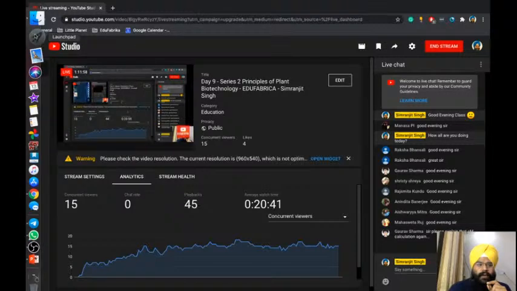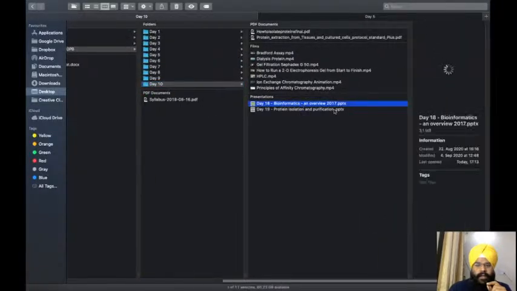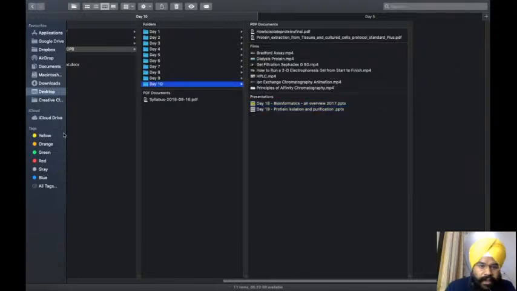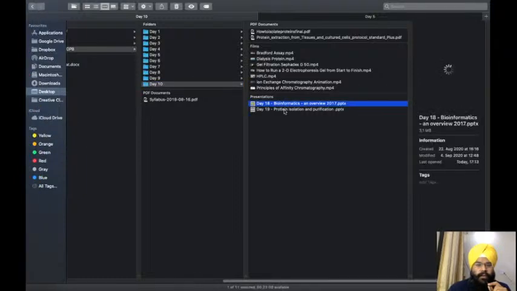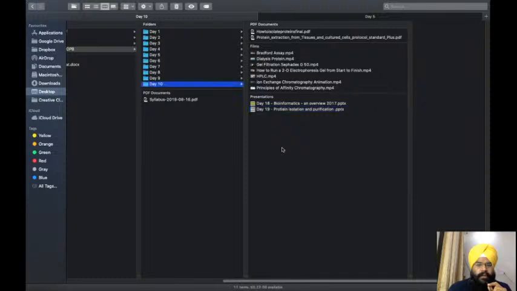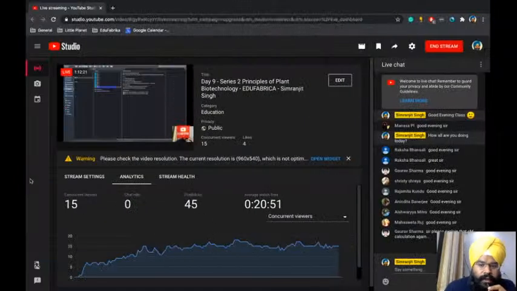And for tomorrow, I have decided to teach you bioinformatics and protein isolation and purification. Just tell me yes, or if somebody wants to add something more, please let me know. Protein isolation and purification is common to animals and humans, and proteins are the essential part of our studies, so I thought it would be quite essential to teach you before you all leave.